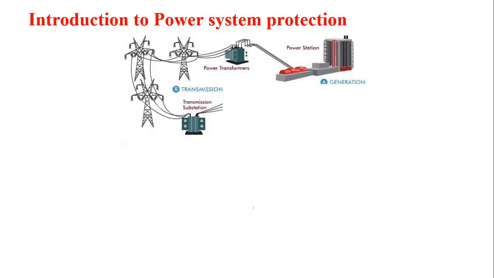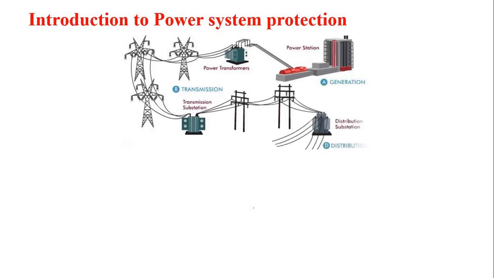Then at the transmission substation, again depending upon the requirement, the voltage level is changed. Then in the next stage we have the distribution, where as per the requirement the voltage is stepped down. Then various types of consumers are there.